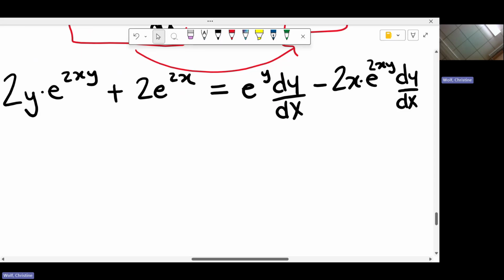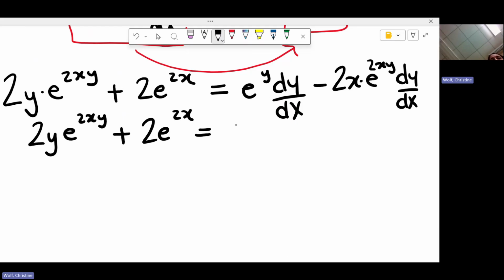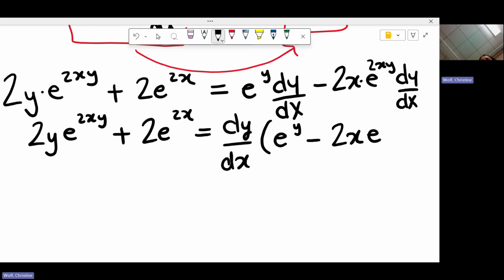And our final step is to factor out the right side. So I'm just going to recopy my left. And then on the right, I know I'm factoring out my dy/dx. When I do that, I am left with e^y all by itself minus 2x e^2xy.